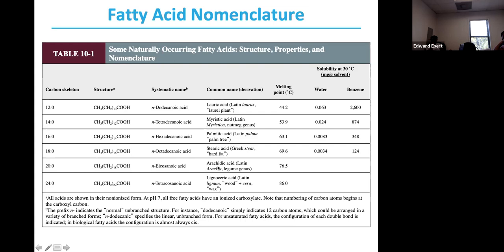We'll talk about arachidonic acid because that plays a role in a lot of stuff in here, and arachidonic acid has 4 double bonds in it. So what's the difference between arachidic acid and arachidonic acid? You can get crazy. That's why I like the numbering system. But I won't ask you to memorize all these common names or all the systematic names.